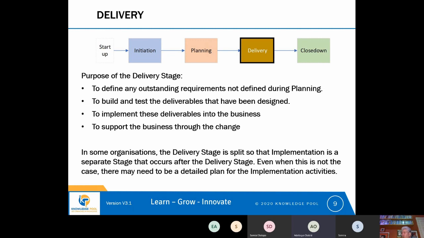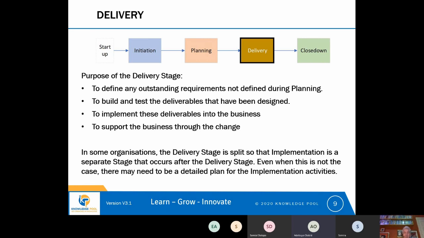And so it's very often that we create a very detailed plan just for the implementation activities that occur at the end of the delivery stage when we're implementing the deliverables into the business. So there's lots happening in the delivery stage.